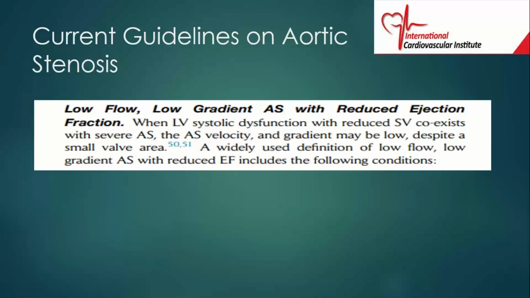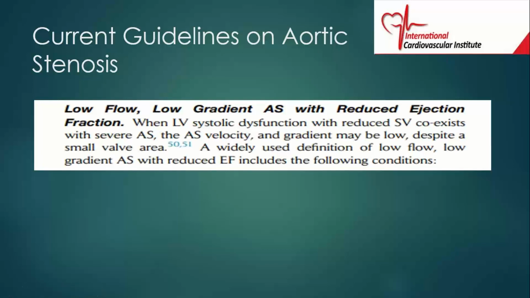Again, when you get a discordant figure, that is the valve area is coming out severe with the continuity equation, but the transvalvular velocity and the gradient is not supporting severity, you may be dealing with a low flow, low gradient AS with reduced ejection fraction.